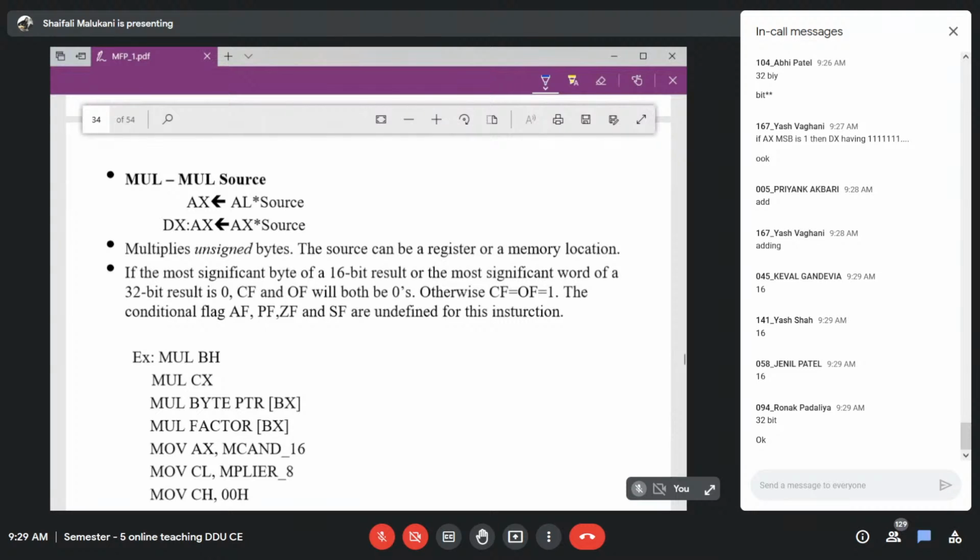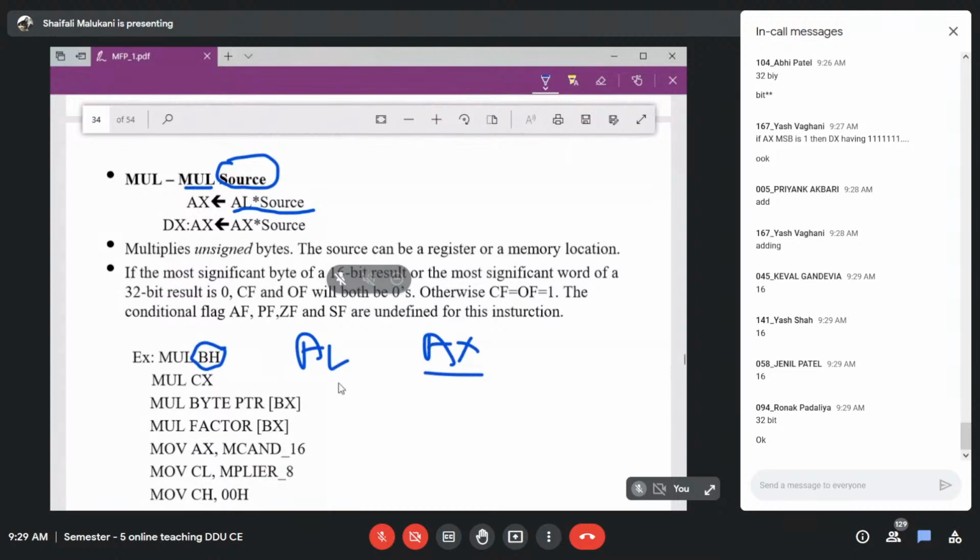So suppose you are multiplying AL with a source. See, multiplication and source, that is the method, like MUL BH, MUL CX. Only one operand you are specifying. The other operand is fixed in the A register, the accumulator. It can be in AL, it can be in AX.